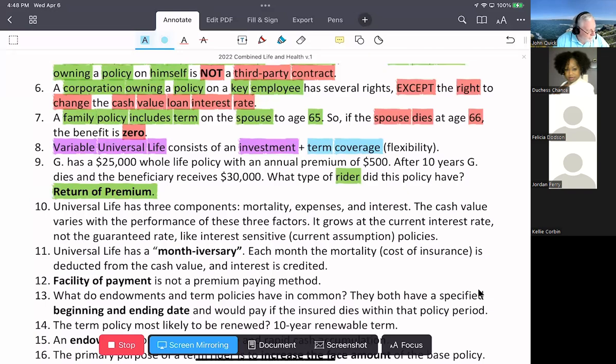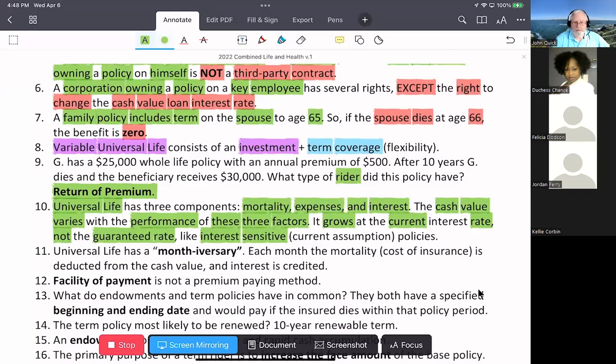Now, universal life has three components: mortality, interest, and expenses. The cash value varies with the performance of these three factors. Now, it grows at the current rate, not the guaranteed rate, like interest-sensitive policies.